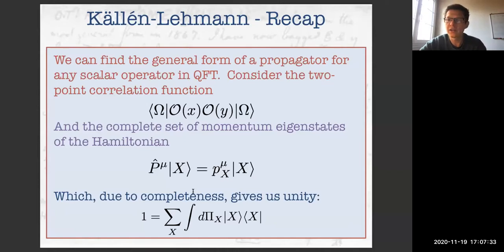And to do this, it's useful to go right back to the early days of QFT, the days before even renormalization was properly understood in quantum field theories, and look at the tools that people had before they really knew how to do perturbation theory in general quantum field theories.